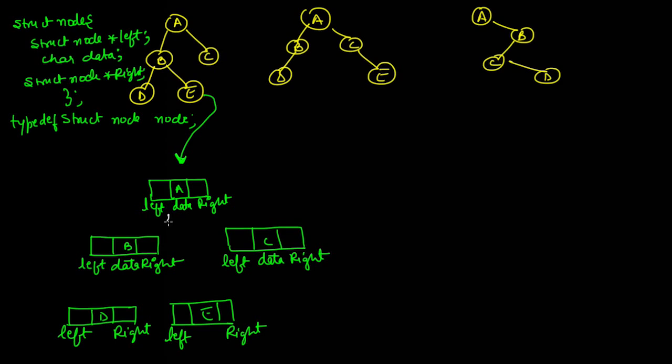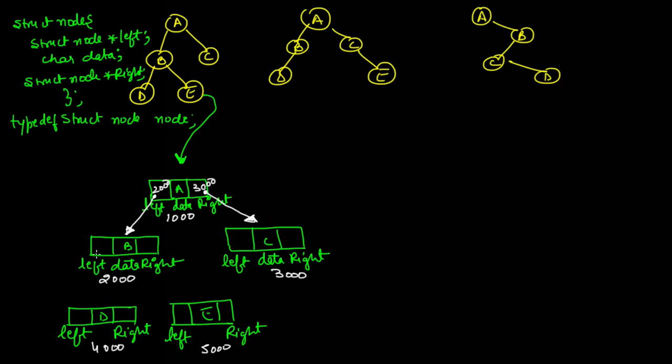Now let us suppose all these nodes are having some addresses in the memory. For this node the address is 1000, for this node the address is 2000, for this node the address is 3000, for this node the address is 4000, and for this node the address is 5000. So this left pointer is pointing to this node, so this will be storing 2000 here, and this right pointer is pointing to this node, therefore this will be storing 3000 here.